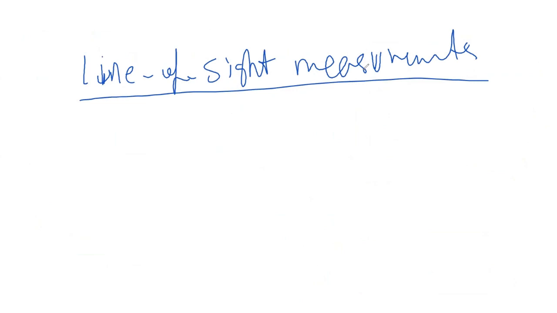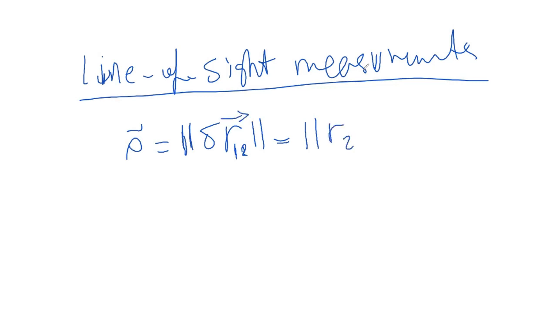So the range between satellites: if we have the position vector of satellite 1 and 2, the norm of this position vector of this satellite will be the distance. Let me write vectors so we know that these are vectors.